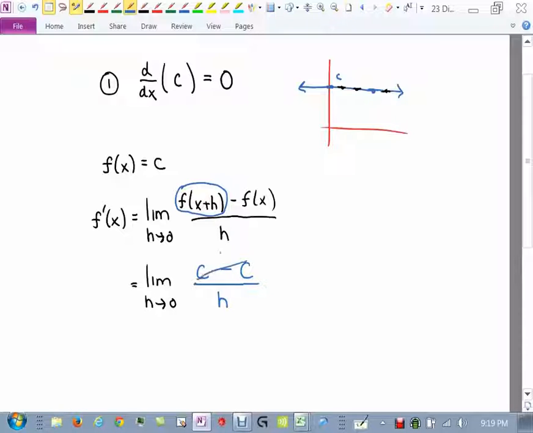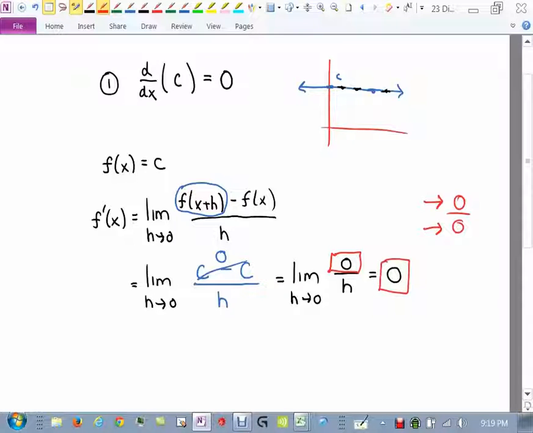And therefore, the limit as h approaches 0 of 0 over some very small number will be 0. Very important that you understand that before, when we were saying 0 over 0, we were saying the top was approaching 0 and the bottom was approaching 0. Here we're saying the top is 0, and 0 divided by any number other than 0 is 0. So we get 0. So that matches with what we got visually.